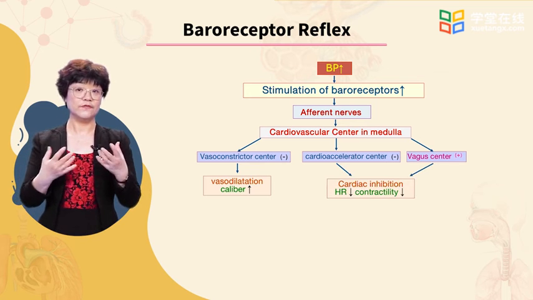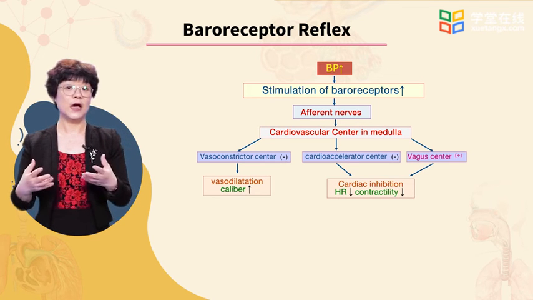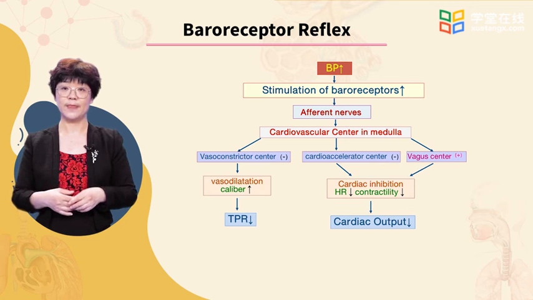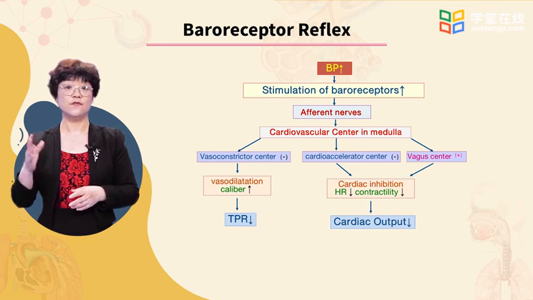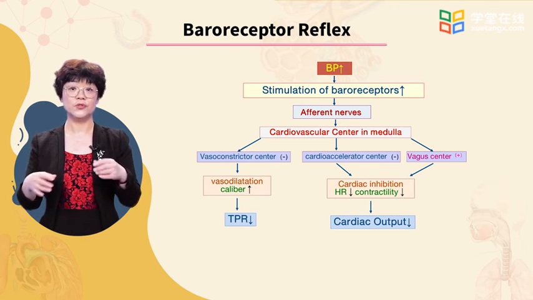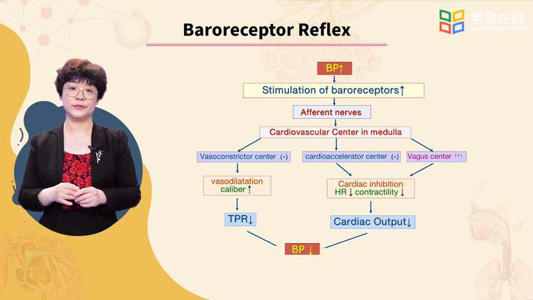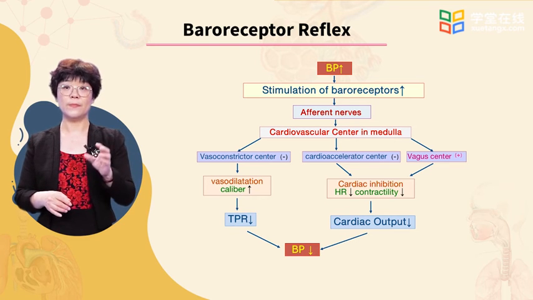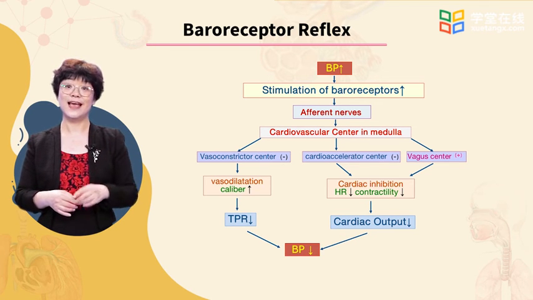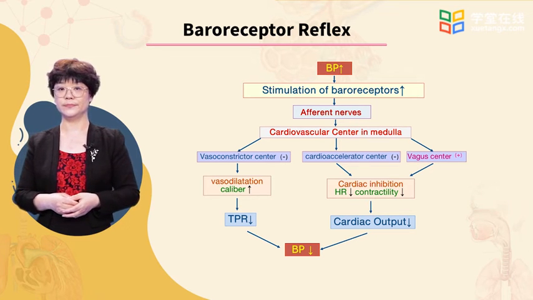Meanwhile, the contraction of the heart is reduced and cardiac output decreases. The overall effects of this reflex on the blood vessels and the heart bring blood pressure back to normal range. This is called baroreceptor reflex, and we'll discuss it in detail in Chapter 5 of this course.